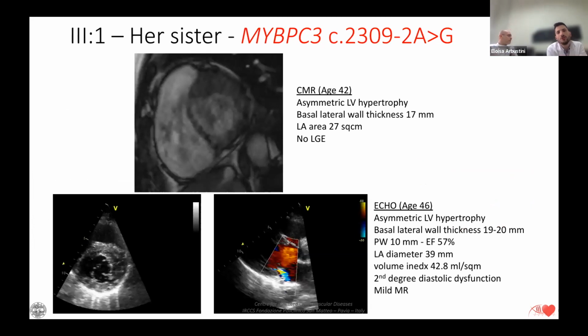Her imaging shows an asymmetrical left ventricular hypertrophy with a basal lateral wall thickness of 70 millimeters and absence of late gadolinium enhancement. From the echo, we can observe just mild mitral regurgitation, a second degree diastolic dysfunction, and a severe left atrial dilation.